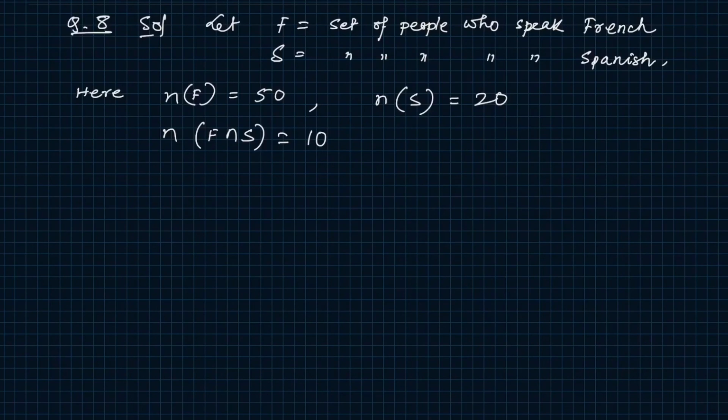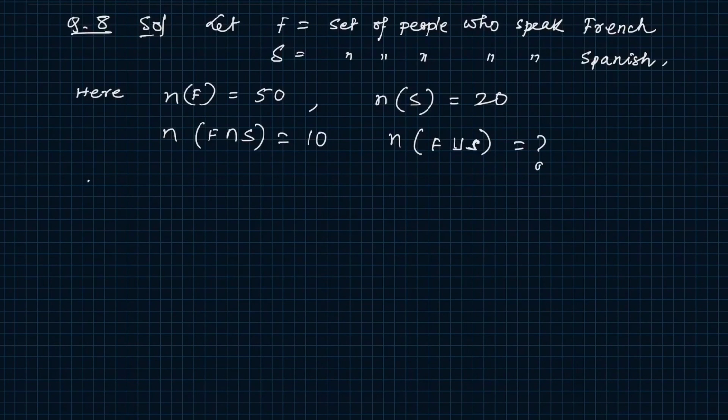We need to find how many of them can speak at least one language, that is the number of elements in F union S.